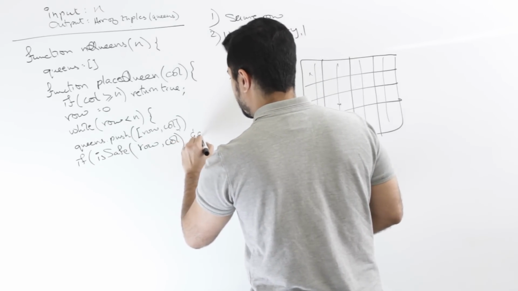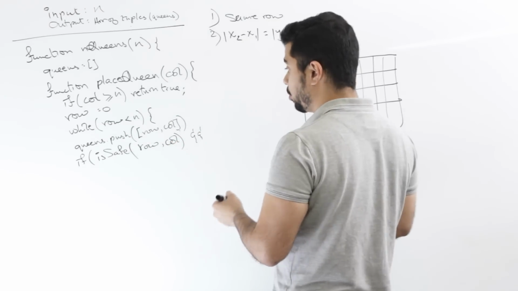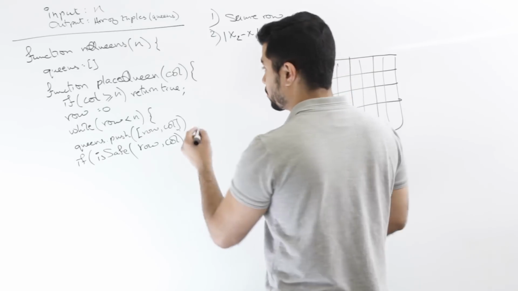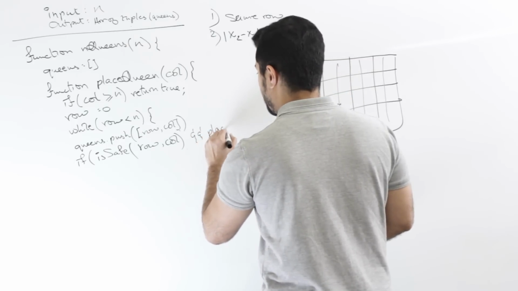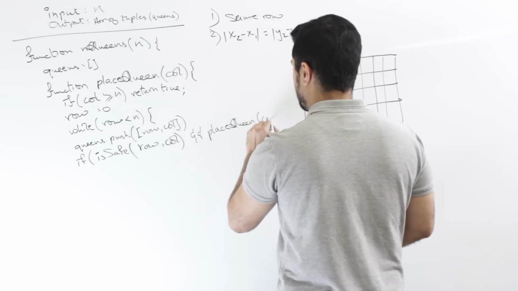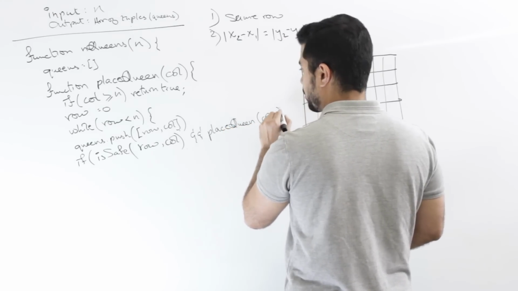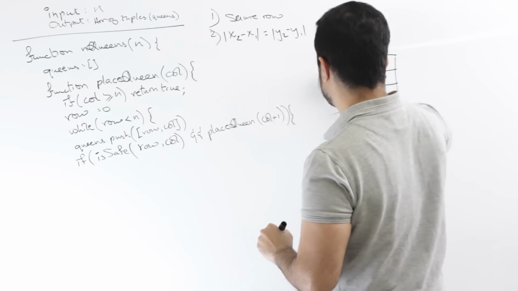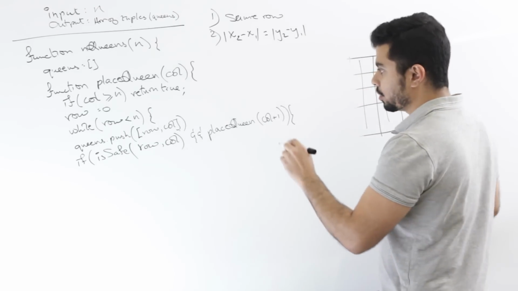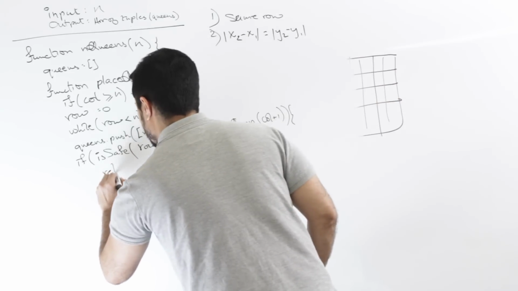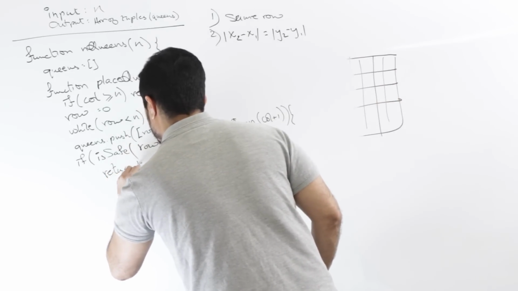So if you determine that it's safe, then you also check whether the recursive solution eventually yields true. So we'll say and place queen, and we just recurse, right? Column plus 1. Yeah. So let me erase this. Okay, so if this is good, then I say return true, right?